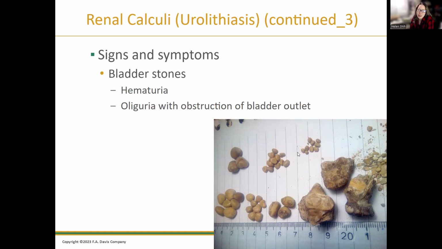It's getting smoothed out by your urinary tract as it passes through. So these three big chunky stones in the lower right corner are probably removed from the bladder through surgery, because otherwise there's no way you can pass a stone that is that big.